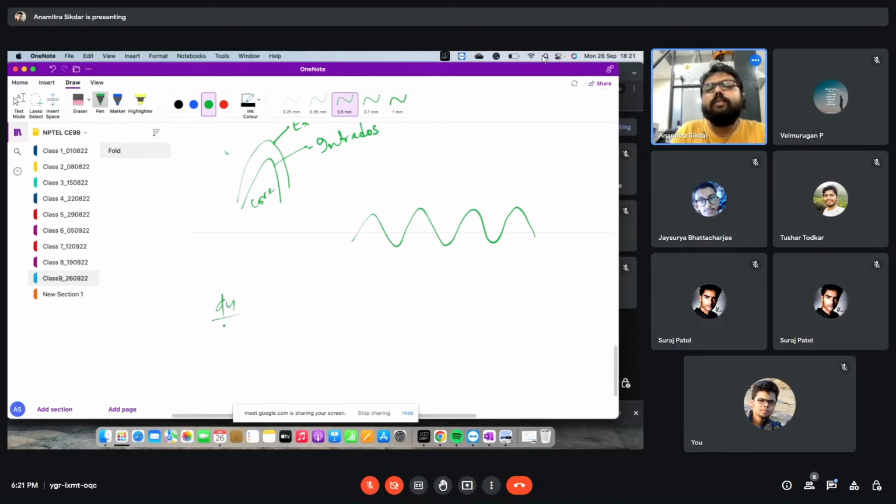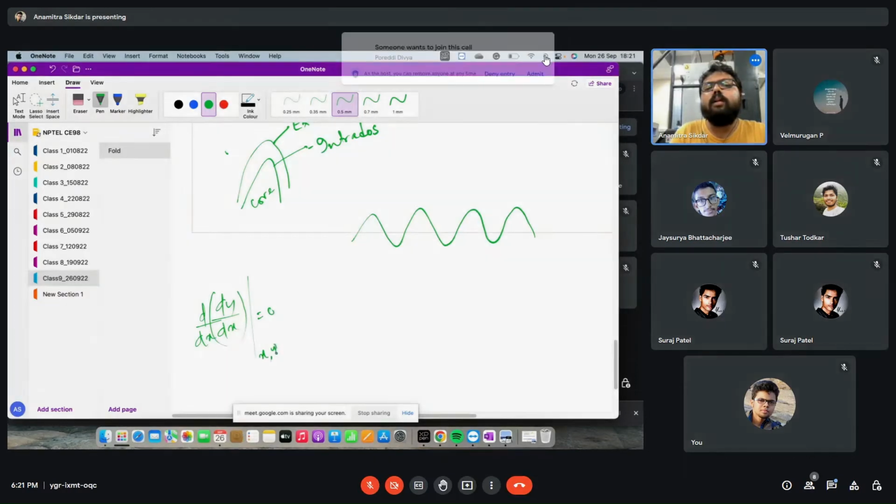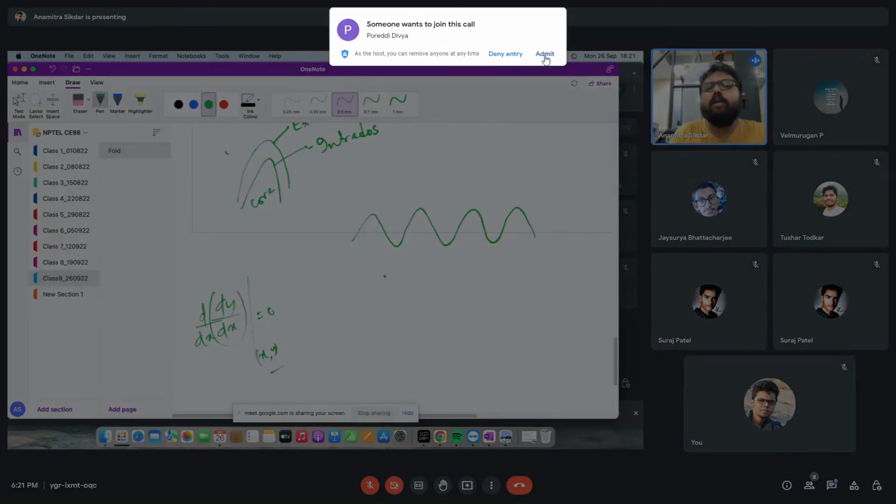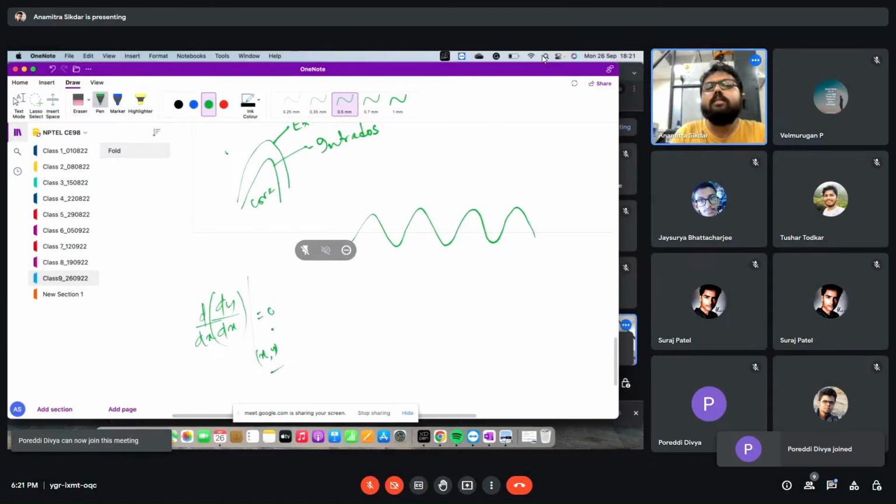If you differentiate dy/dx, then the second differential, d²y/dx², when it becomes 0 at that point at x and y, we call it the inflection point. Are you familiar with this? Hello?